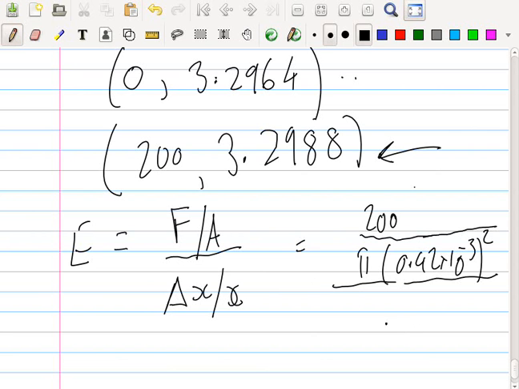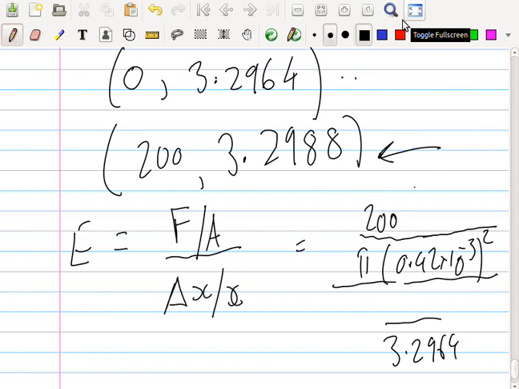Okay. Now, what's the natural length? Well, if you look at your graph, the natural length is here when there's no force. So that is 3.2964. And what's the extension? It's the difference between the two.